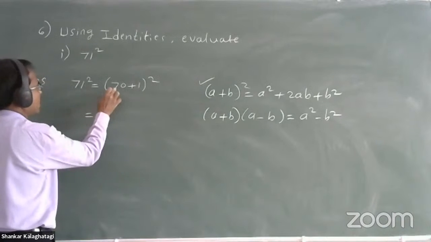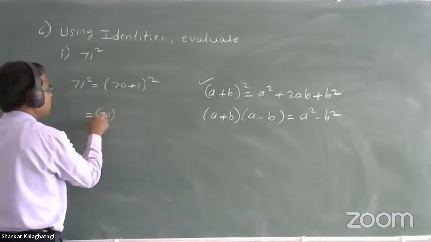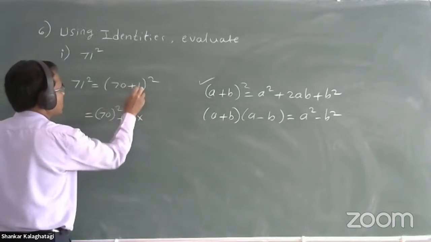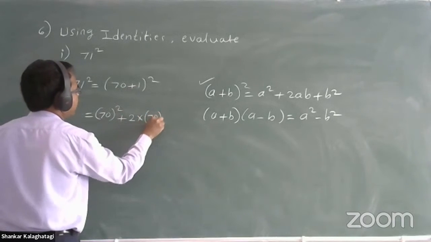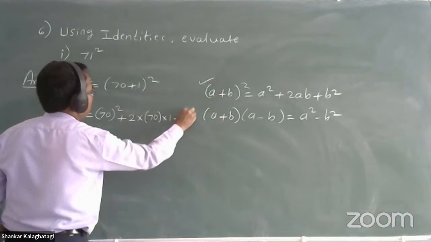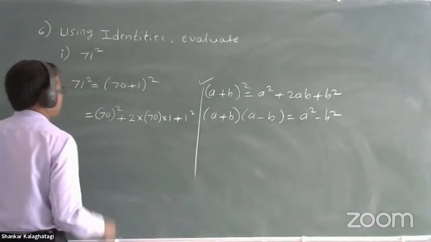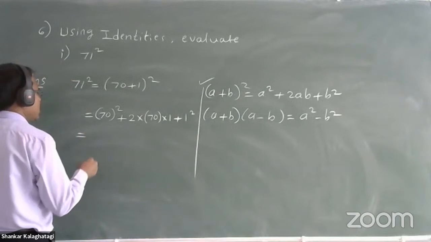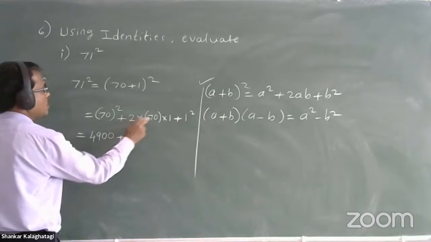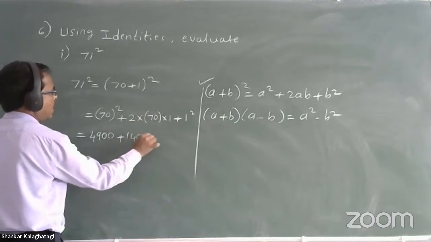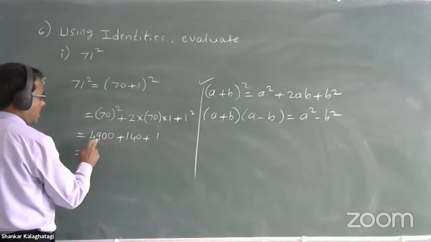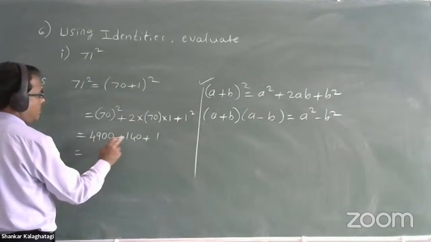So first term square, 70 square, plus 2 times first term into second term, 70 into 1, plus second term square, that is b square, 1 square. This is equal to 70 square, 7 sevens are 49, double zeros, plus 2 sevens are 14, 140, plus 1 square is 1. So all together it is 5041.